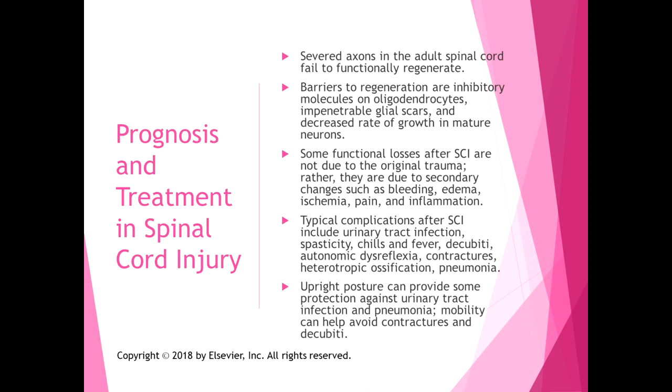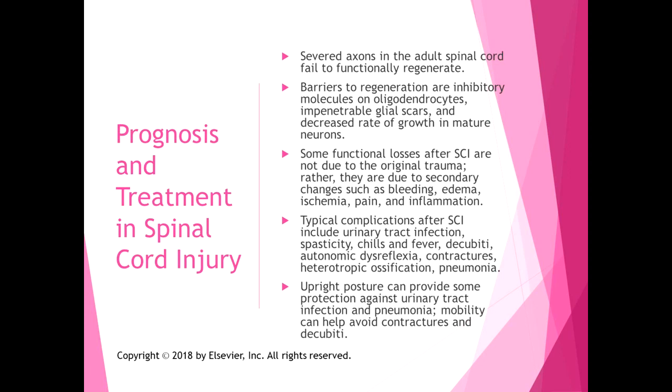So severed axons in the adult spinal cord will not functionally regenerate. Some functional losses after the original trauma are caused by bleeding, pain, ischemia, inflammation, and edema.